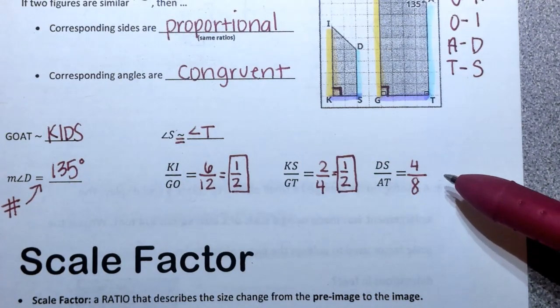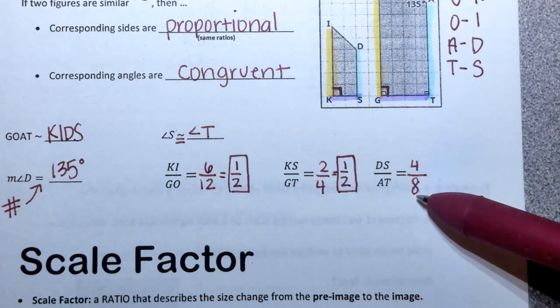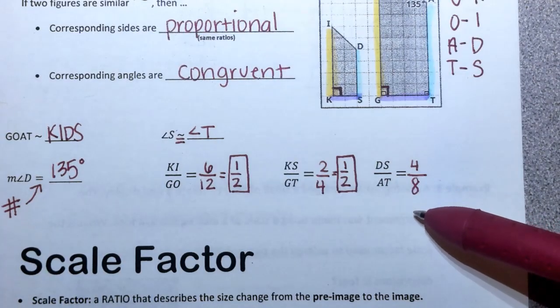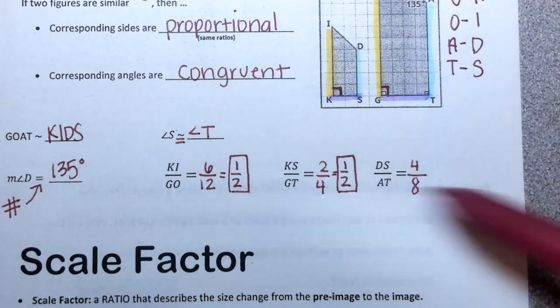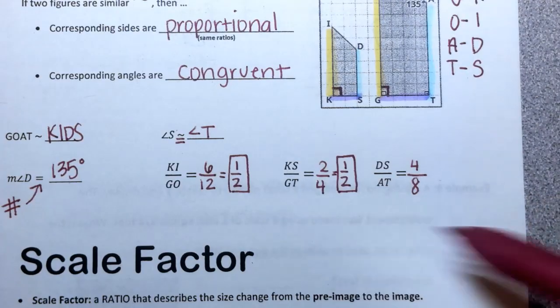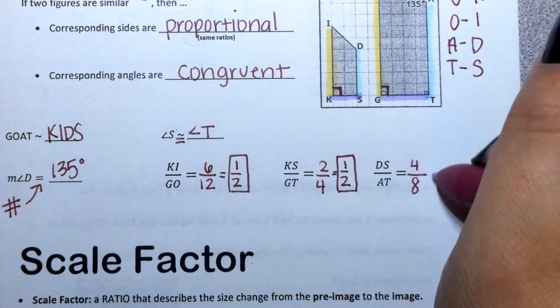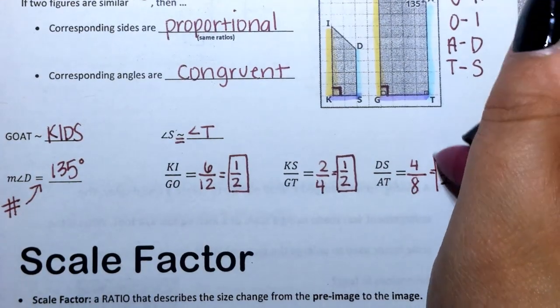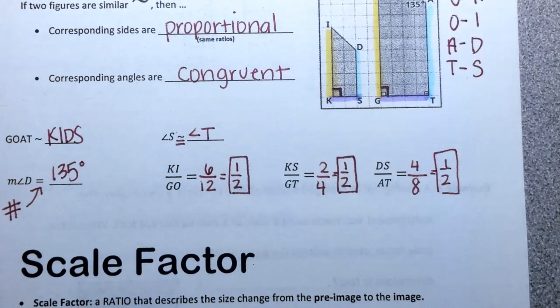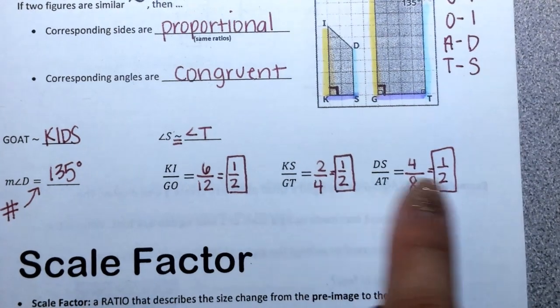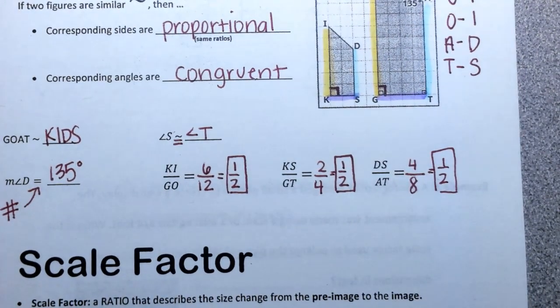That's if they're similar. But what if this was 7? Then these would not be the same, and it would not be similar. They have to all be the same in order for these shapes to be similar. So this proves they're similar because they're all proportional. They're the same fraction.